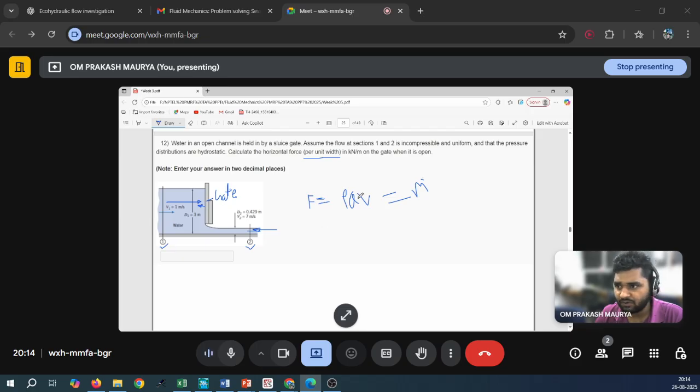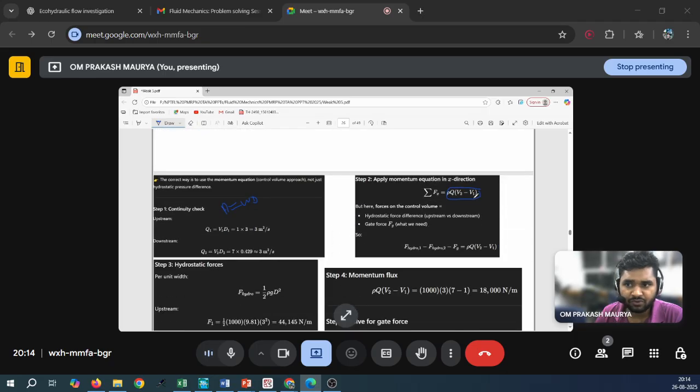So here we are changing momentum, so the change in velocity is V2 minus V1. So you need to calculate first the hydrostatic force at section 1, the hydrostatic force at section 2, and then the force by the gate, and we need to calculate this one. And you already know the velocities V1, V2 and the discharge.